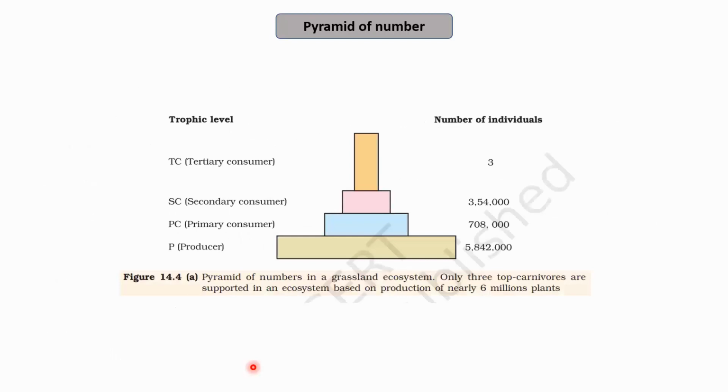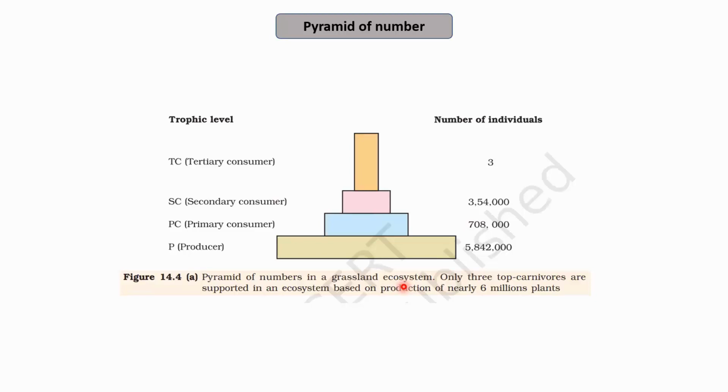Starting with the pyramid of numbers, this is a representation of a pyramid of numbers in a grassland ecosystem. The numbers on the right-hand side are just arbitrary numbers, for the sake of convenience to understand it.